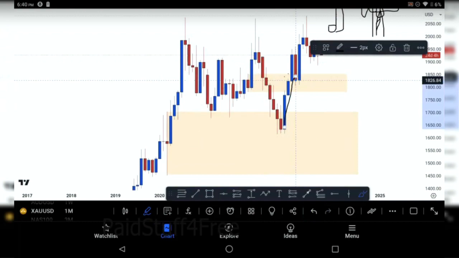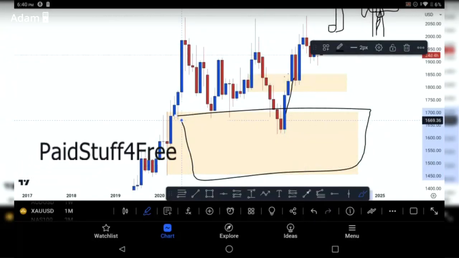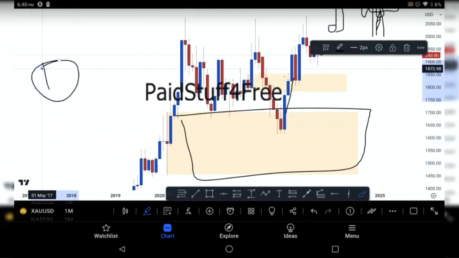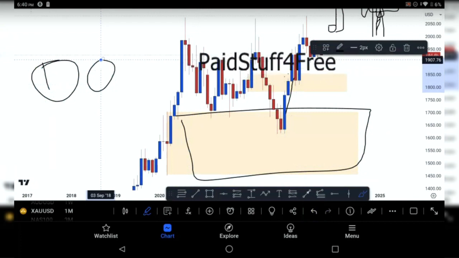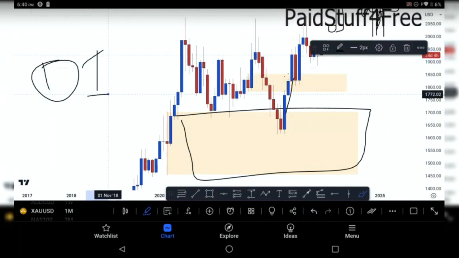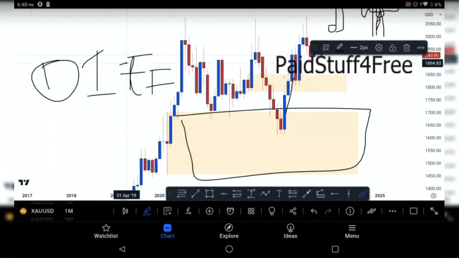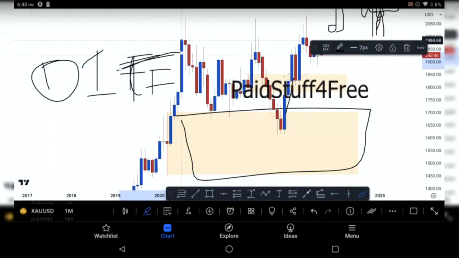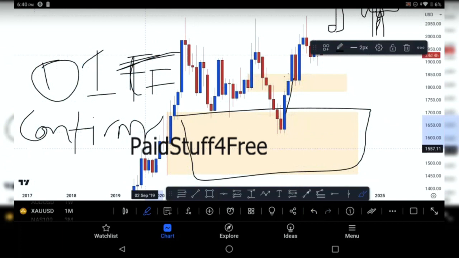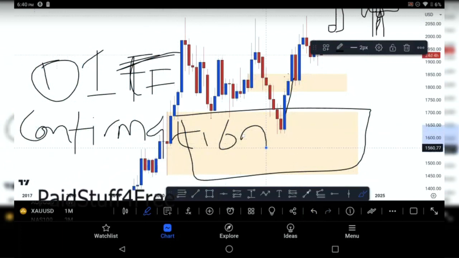Now, since this is an engulfing buy zone on my monthly zone, first of all, what I need to do is, number one, I need to see a one time frame, TF, one time frame confirmation.